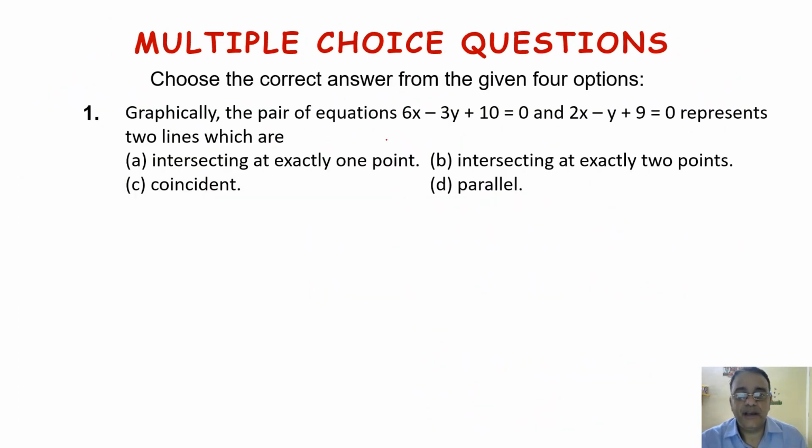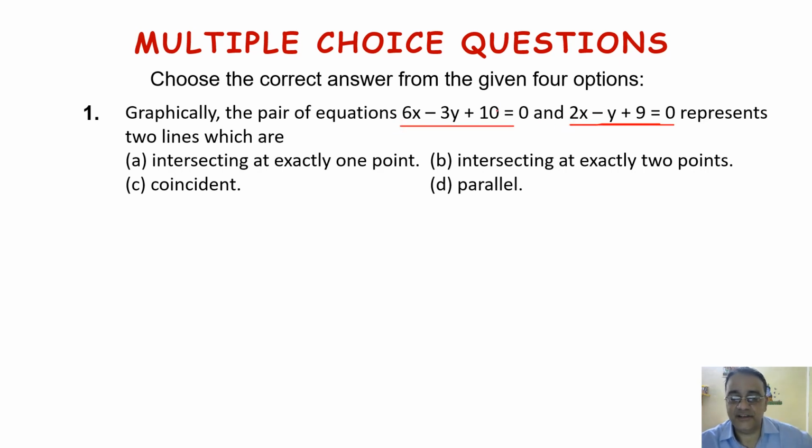Graphically, the pair of equations 6x minus 3y plus 10 is equals to 0 and 2x minus y plus 9 is equals to 0 represents two lines which are. So how we will check? We will check with the help of comparing the ratio of the coefficients. So first we will find a1, b1, c1 from first equation and a2, b2, c2 from second equation.